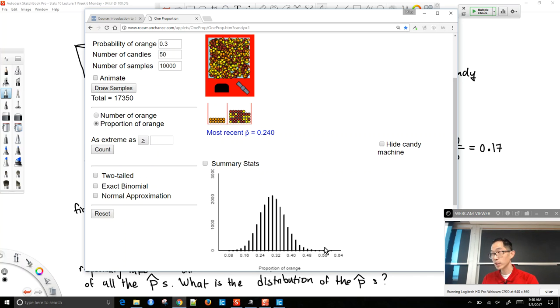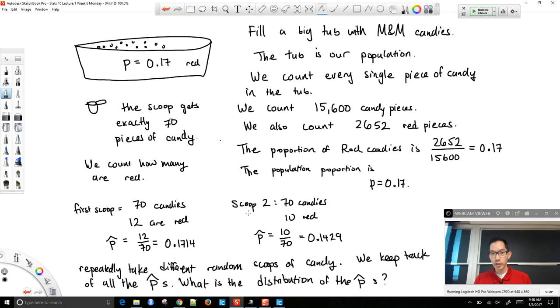All right, so again, the idea is we've specified in the population, which is going to be our tub of candies, a certain proportion, and then if we repeatedly draw samples from that population and we keep track of all the different p hats, then we can generate our sampling distribution.